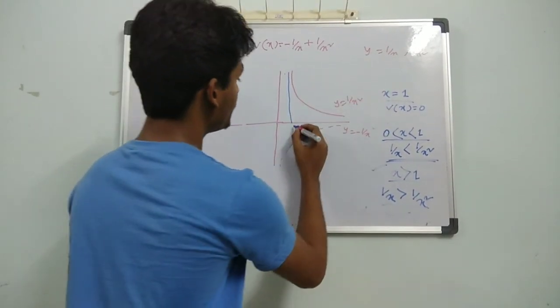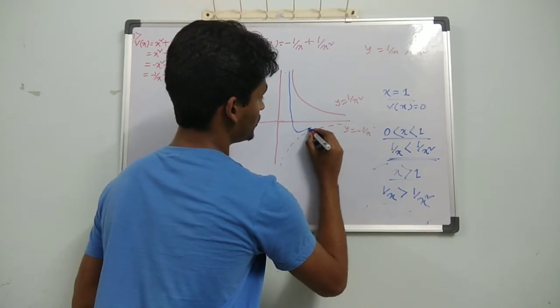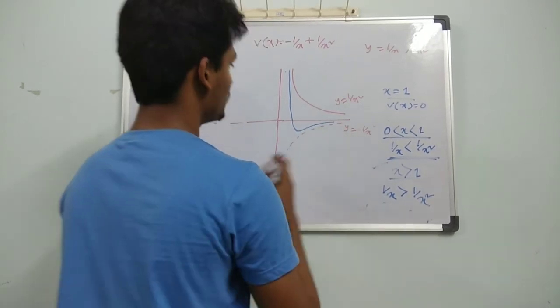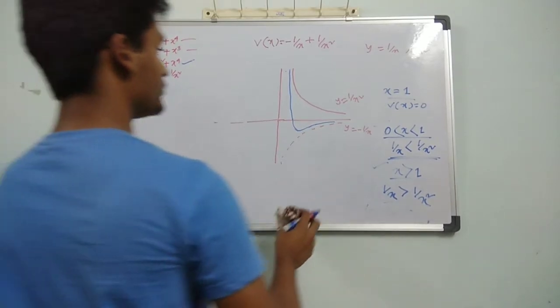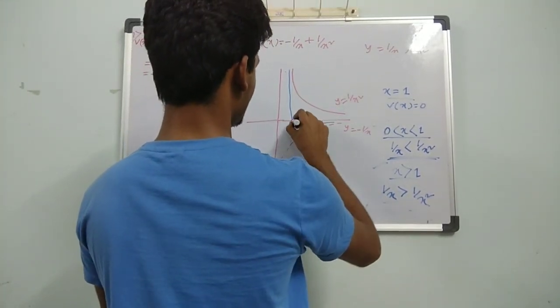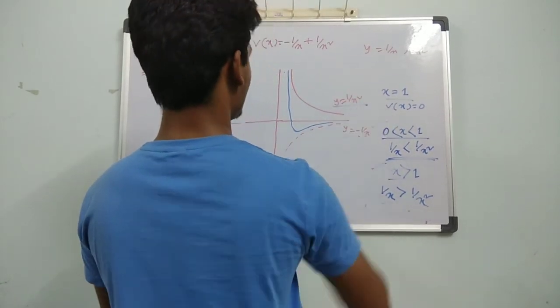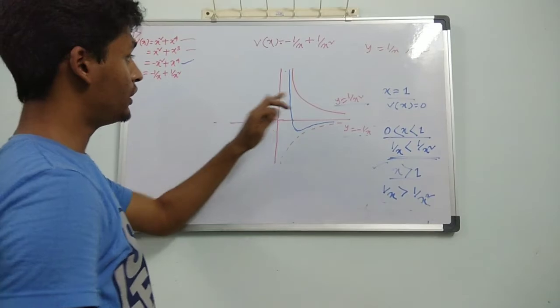So that means it will give you minus. So it will follow like this. This will be my final form. In this region, this function is like this at x 0, and after this the function is like 1 by x. So my final plot will be like this.